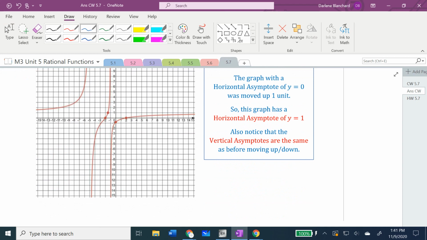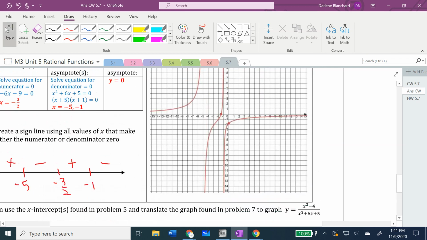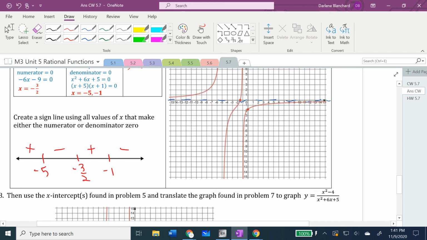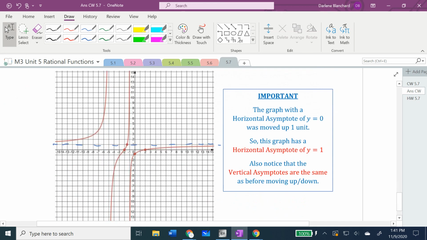And I want to just kind of show real quick, I have a horizontal asymptote of y equals 1. And it is through the understanding of this graph having a horizontal asymptote of y equals 0 and the sign line that I understand the behavior of this function with relation to its horizontal asymptote at 1.